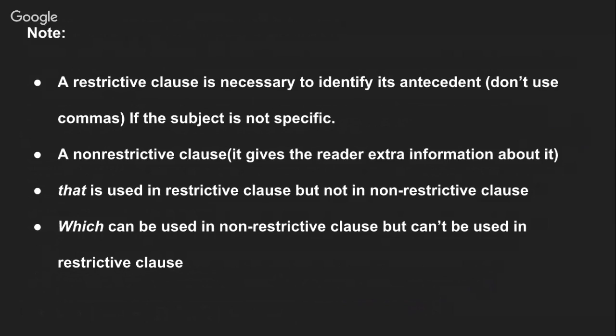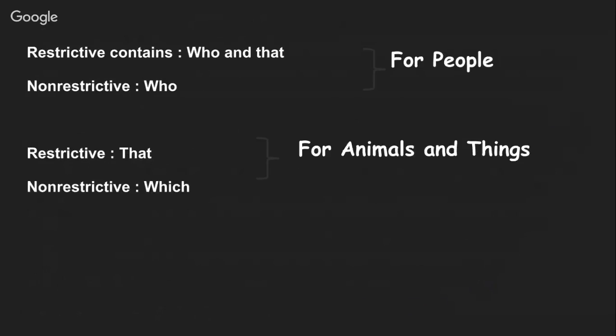Third, that is used in restrictive clauses, but not in non-restrictive clauses. So you always find that in restrictive, but not in non-restrictive. And the last one: which can be used in non-restrictive clauses, but not in restrictive clauses. Those two points are important, so you can mark which one is non-restrictive and which one is restrictive.